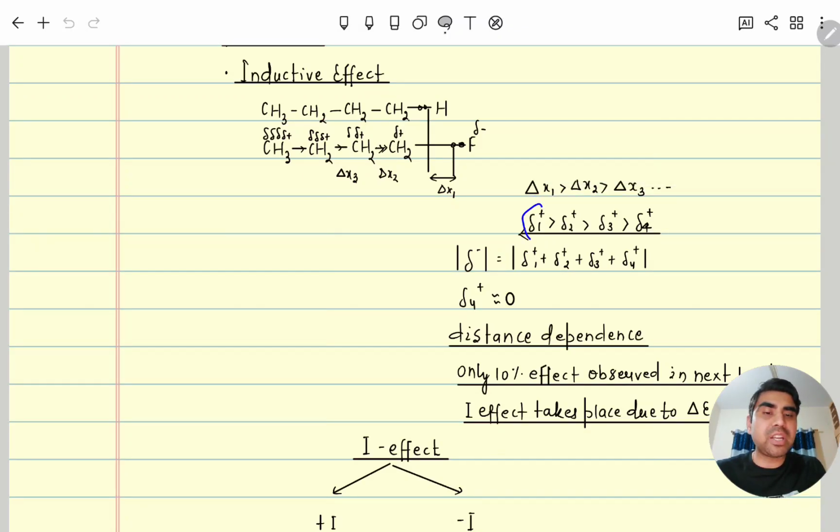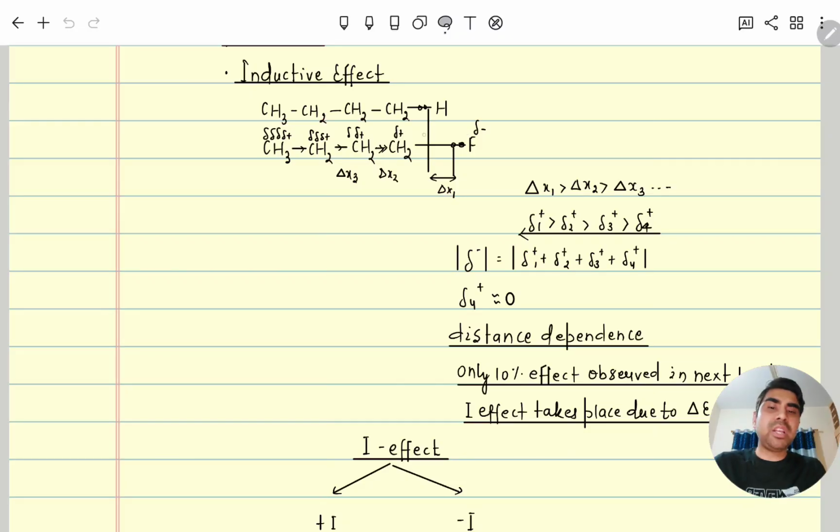Similarly, we can say the polarization of charge on the first carbon is more than the second polarization, because the second polarization is happening since this carbon is attracting. After that, this carbon, since it is attracting, gets a partial positive charge, a very insignificant positive charge, delta 3. Similarly delta 4 positive.